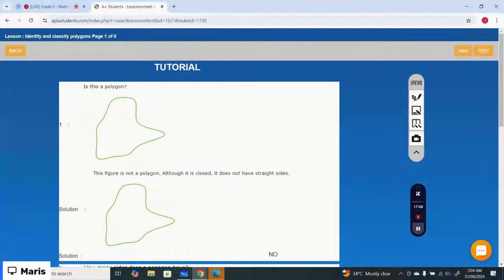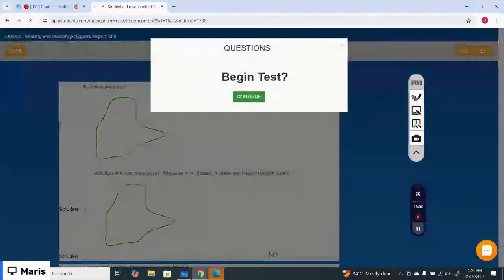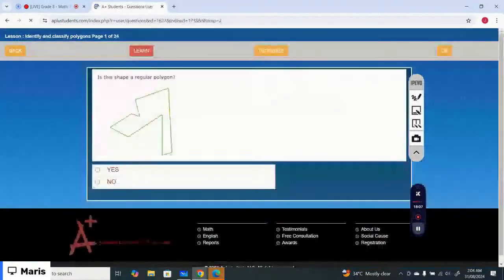Okay, let's just start with the test questions. Let's see the polygons. Okay, the first one: is this shape a polygon, which is the correct option, yes or no?